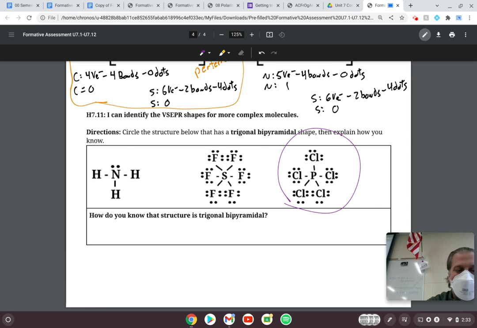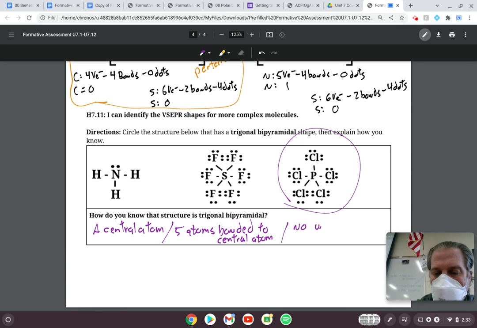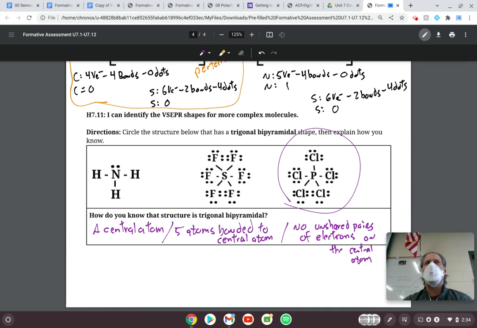What I am looking for you to tell me is that we have a central atom with 5 atoms bonded to it, and no unshared pairs of electrons on the central atom. So that's how I would answer a question like that.